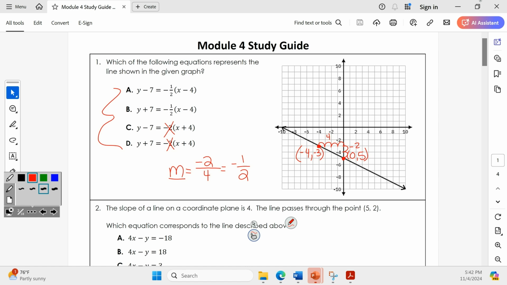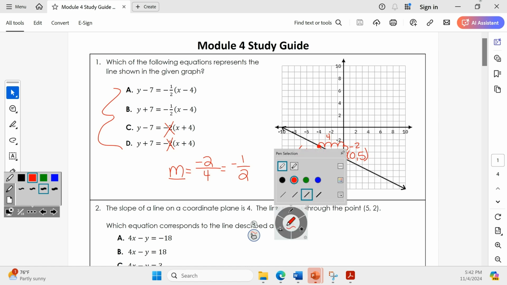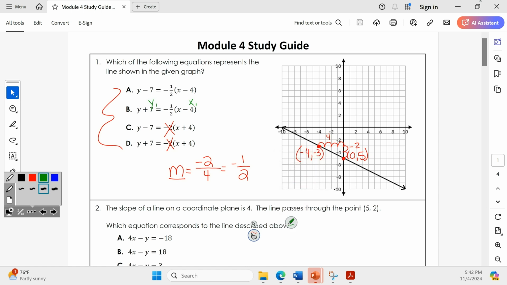So now we're going to look at our ordered pairs. Now, our ordered pairs, remember, this is our y1 and this is our x1, but because our x's and y's lie to us, we're going to reverse the signs or pull out the opposite signs.